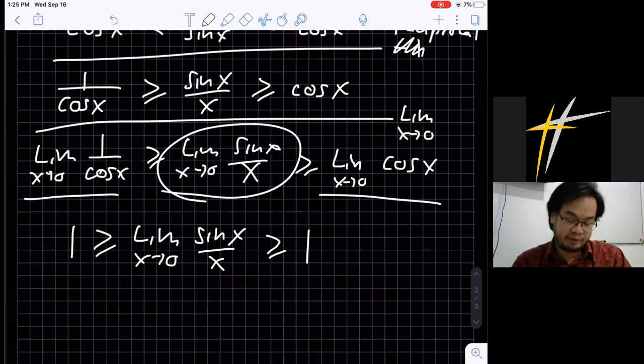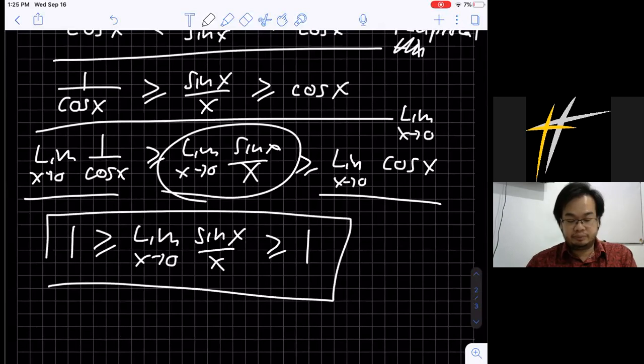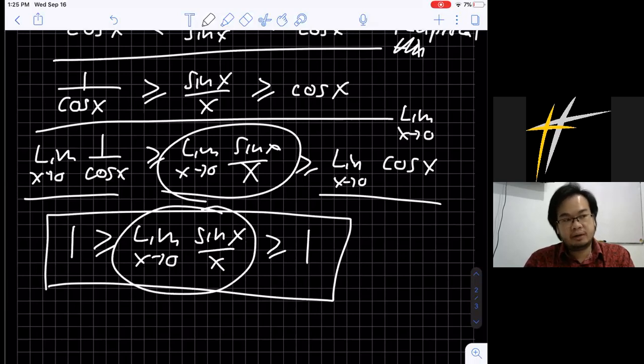Okay, let's stop here for a while. Now, if you have an inequality like this, where the value is in between 1 and 1 inclusively, what do you think the solution is? Of course there is only one possible value for the limit of sine x over x as x approaches 0, right?